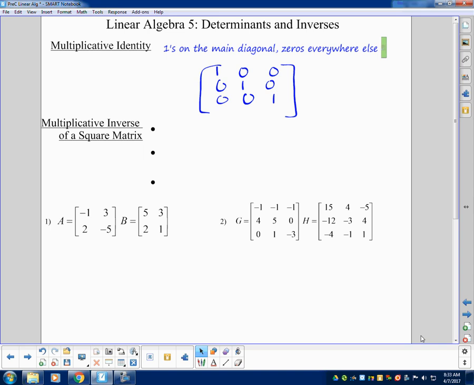Now, when it comes to real numbers, do you know what a multiplicative inverse is of a specific whole number? Like 3. What's the multiplicative inverse of 3? Yeah, 1/3 is. So that's what's special about real numbers: every real number has a multiplicative inverse.